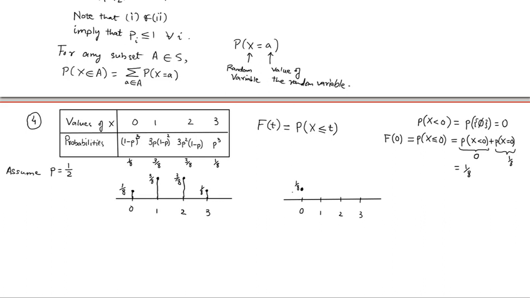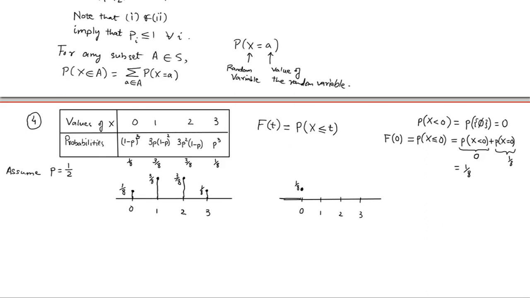And what was the answer for F of t for t less than 0? What was the answer when you were less than 0? 0. Exactly. For all values of t less than 0, this function was at 0. Okay.